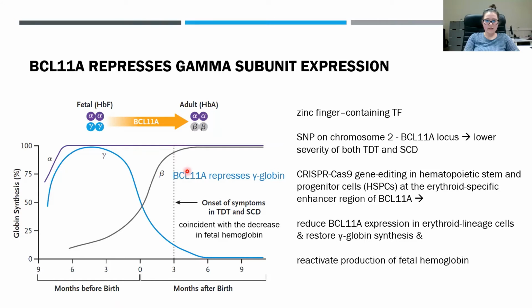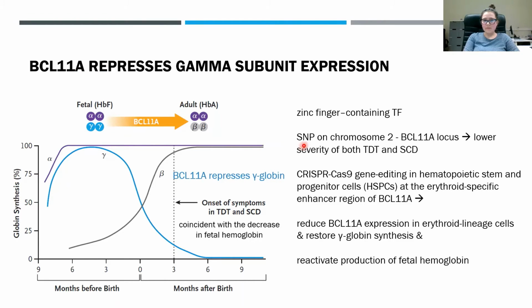Actually, there is this BCL11A protein that represses gamma globin synthesis when we get older, and the CRISPR-Cas system targets this repressor so that people with sickle cell anemia have their genes edited so that they start producing fetal hemoglobin, hemoglobin with gamma chains, and their oxygen delivery to tissues improves.